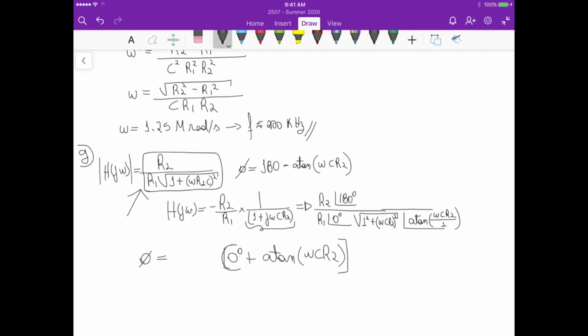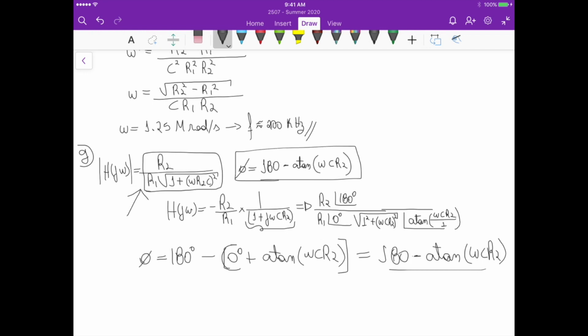Because this 0 plus arctangent is the overall phase of the denominator. So if we have a polar number in the numerator at 180 divided by something in the denominator, we subtract the phase of the denominator from the phase of the numerator. So it's 180 minus this phase, which results in 180 minus 0, we just ignore that, minus the arctangent of omega C R2, which is the same equation that I wrote up here.